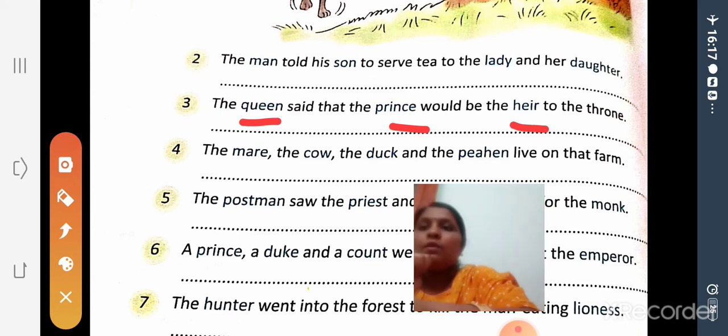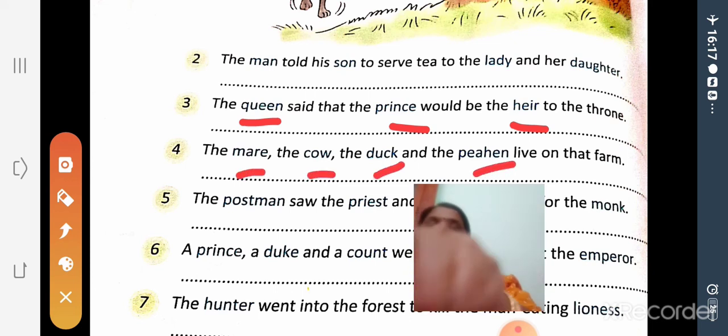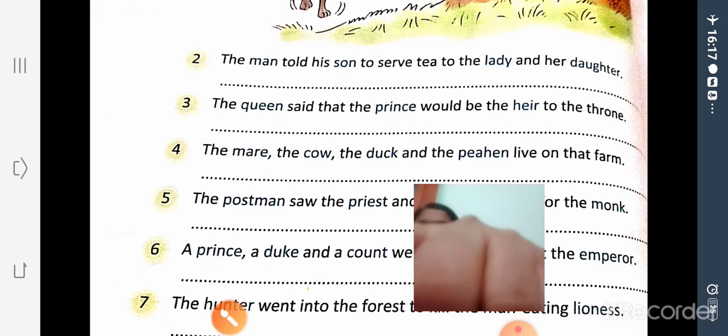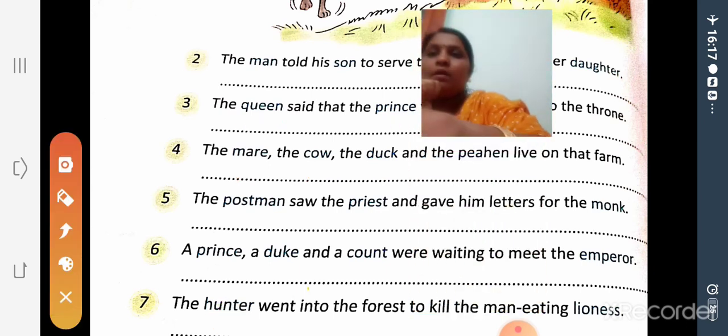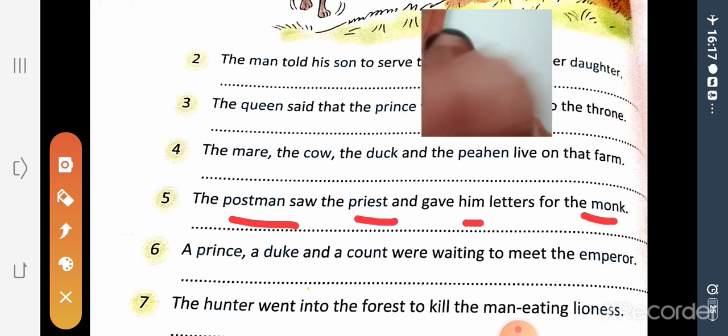Then look at the fourth sentence. Mare, cow, duck, peahen live on that farm. Mare, horse; cow, bull; duck, drake; peahen, peacock. Then the fifth one, postman, priest, monk.